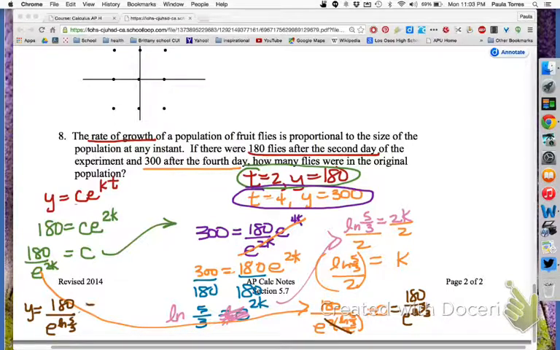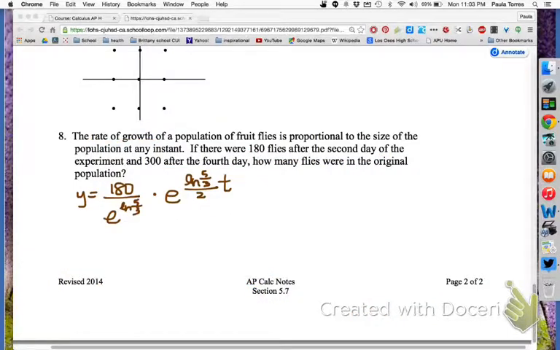And then times e, and k is natural log of 5/3 over 2. Oh, this is going to simplify a lot. So down here on the bottom, this is going to turn into just 5/3. And this is really e, and we could call it 1/2 natural log of 5/3.